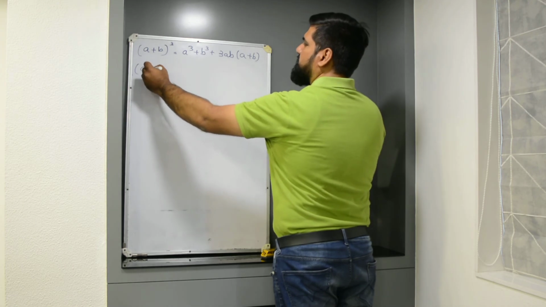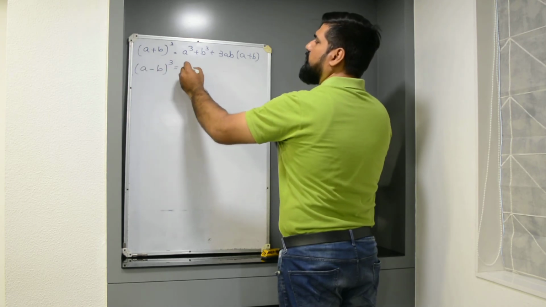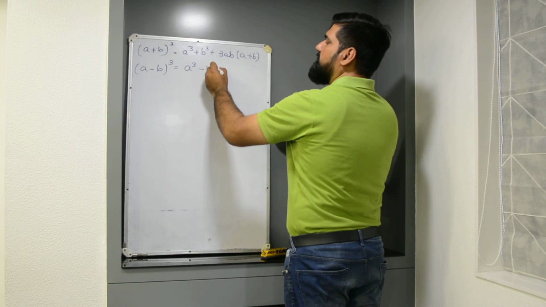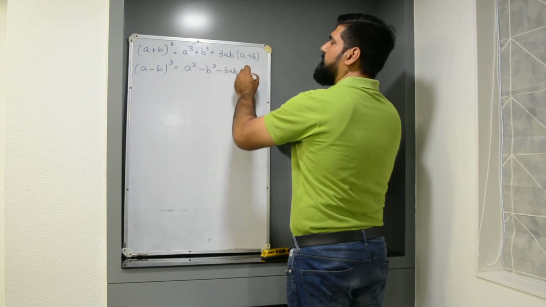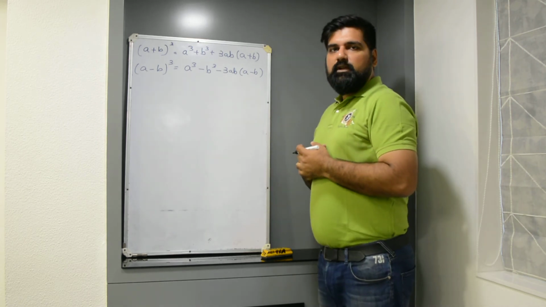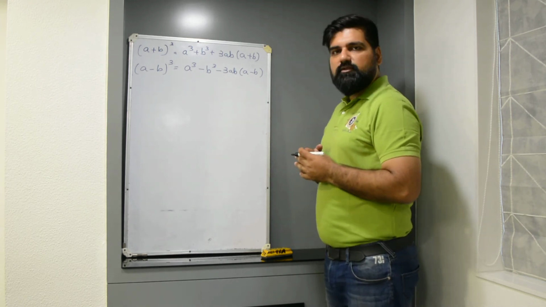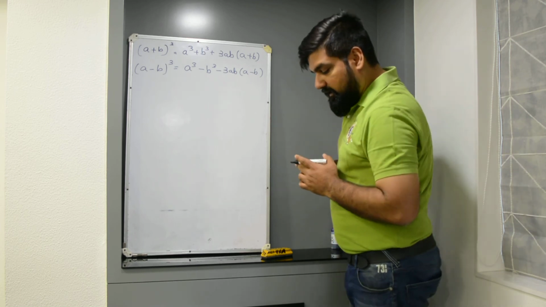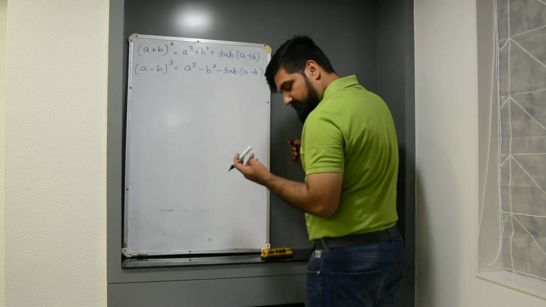And next is (a - b) whole cube, it is a^3 - b^3 - 3ab(a - b). So these are the two identities which we will be using now and solving a couple of questions related to them.